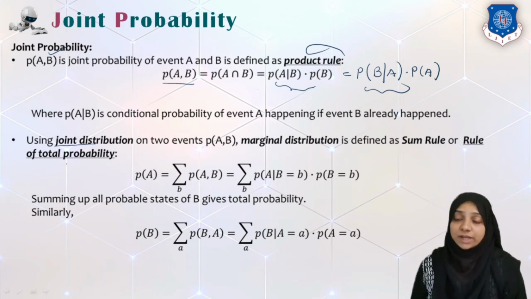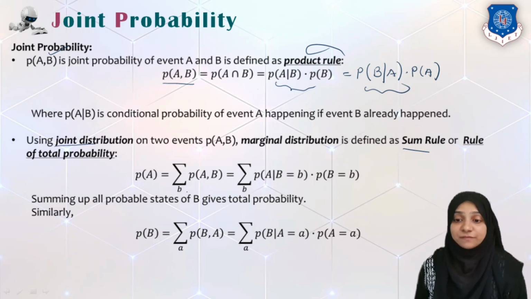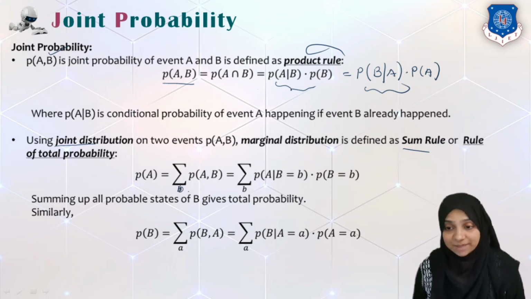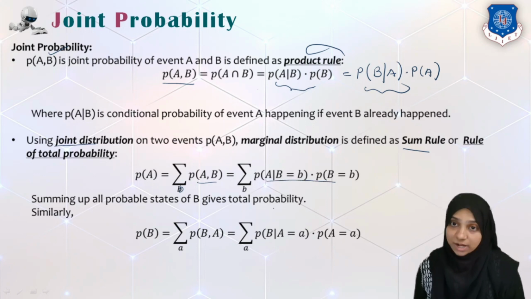Now let us look into the sum rule or total probability distribution. If there is an event whose outcome can be of multiple types, we can find the probability of that event as summation of probability of A comma B over some different values of B. That is also given as this joint probability can be substituted with its product rule.